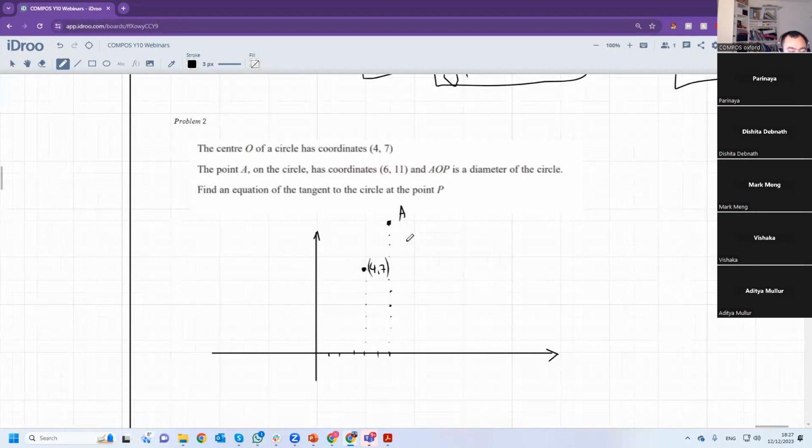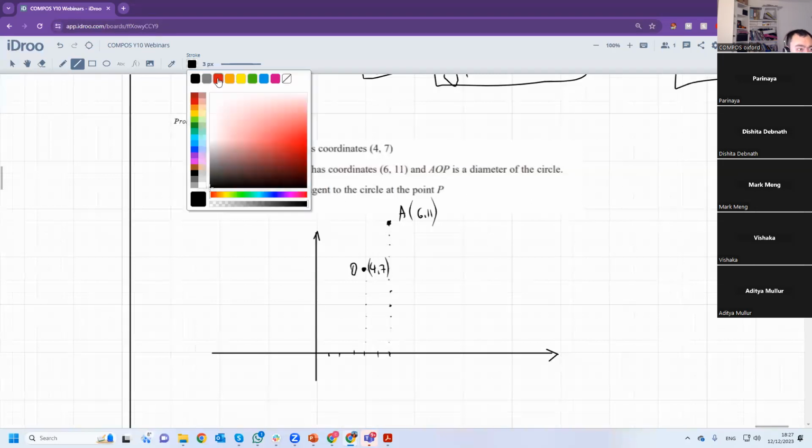So this is O, the center of the circle, and A is 6, 11. And AOP is a diameter of the circle.